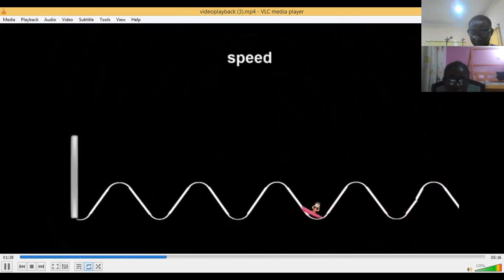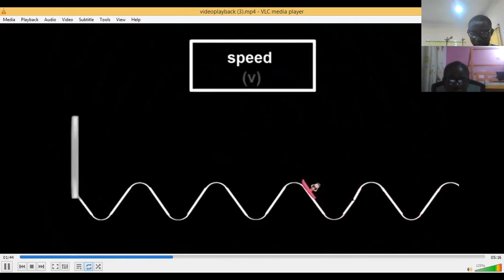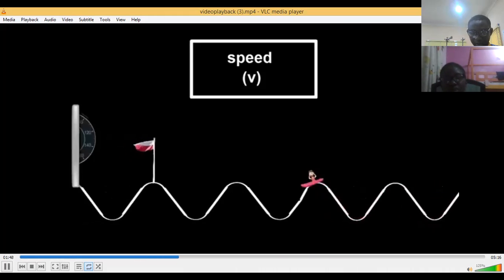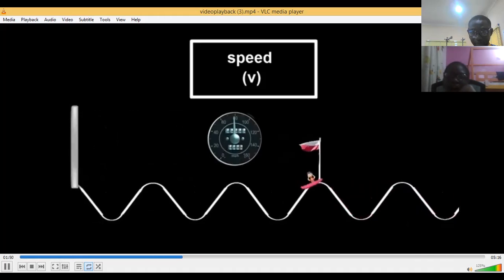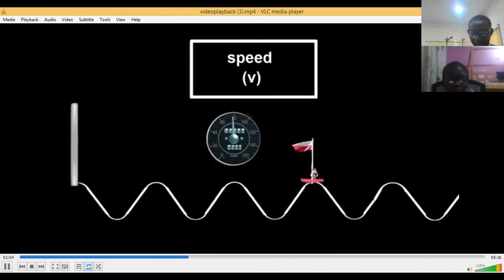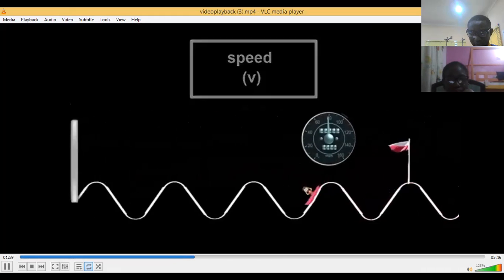The speed of a wave is how fast it's traveling from left to right here, and is usually given the symbol V, which stands for velocity. Velocity is another word for speed. Notice how the speed of the wave is constant, and each crest moves at the same speed as the others.